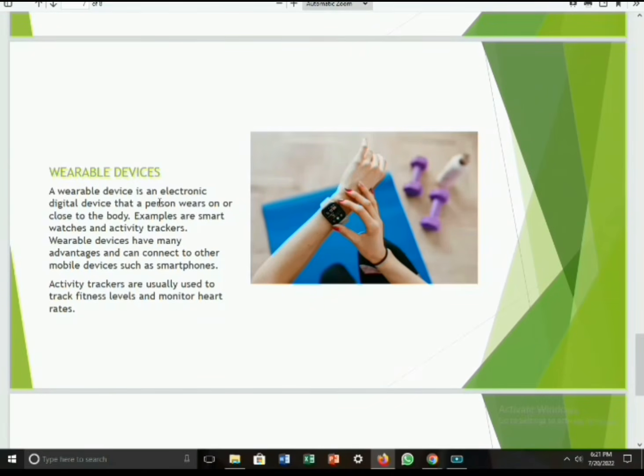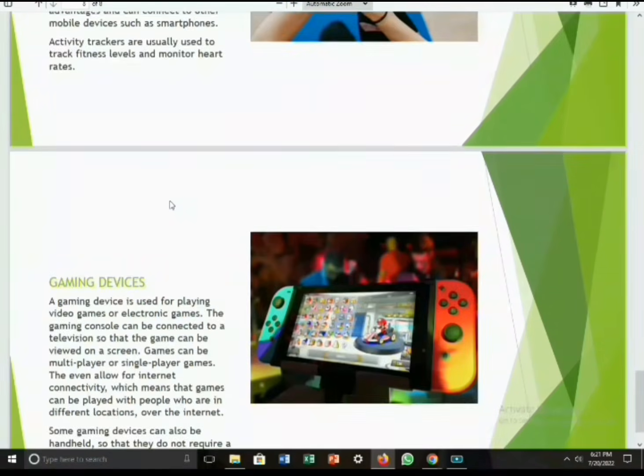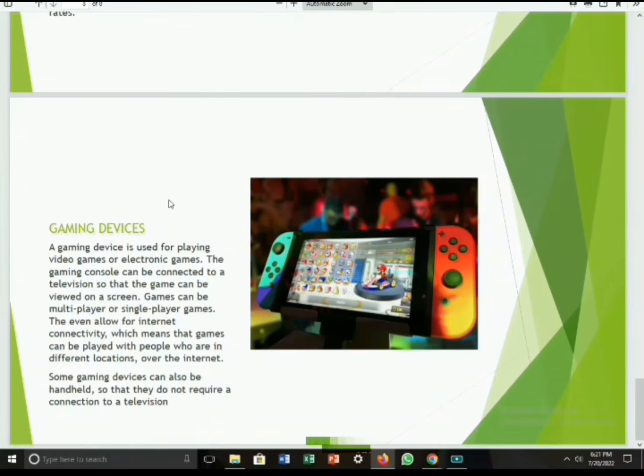Activity trackers are usually used to track fitness levels and monitor heart rates. So this is a very good device when it comes to your fitness life, when you want to track your progress and everything.